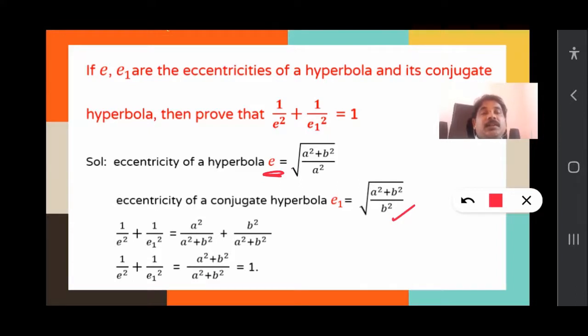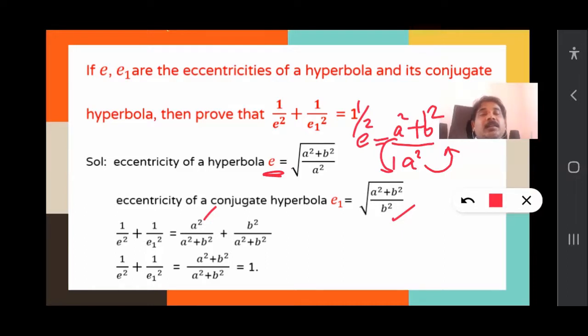Therefore, e square is equal to, there is no root, a square plus b square by a square. 1 by e square: the denominator becomes the numerator and the numerator becomes the denominator. Therefore, 1 by e square is equal to a square by a square plus b square.